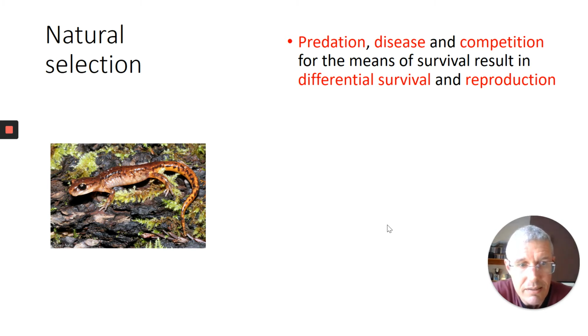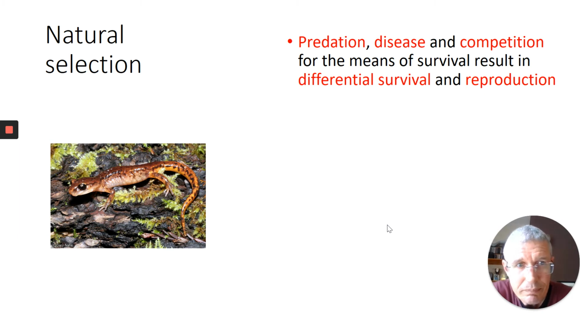Disease: there are diseases prevalent in wildlife. And competition between the salamanders, so there's competition for food, competition for not being eaten, and things like that. So not all the salamanders are going to survive, and that's what the phrase differential survival means.